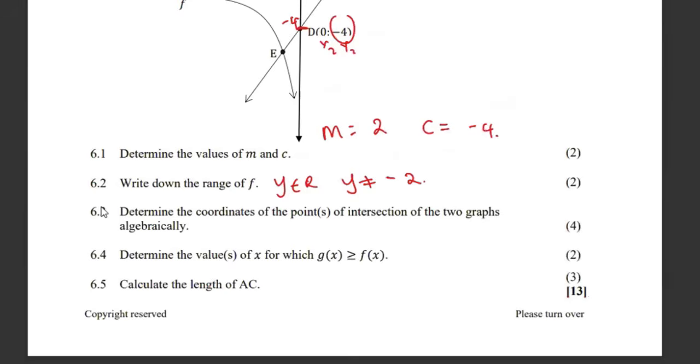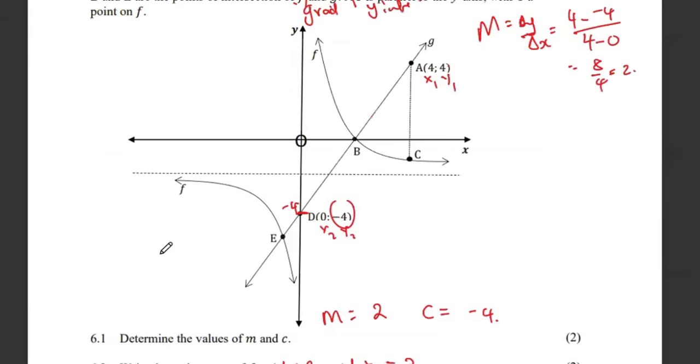Then determine the coordinates of the points of intersection of the two graphs algebraically. When they ask for an algebraic interpretation, we need to solve the two graphs, in other words, equate the two equations. So the equation is 4 over x minus 2. Is that correct? Yes. Then the other one is 2x minus 4.